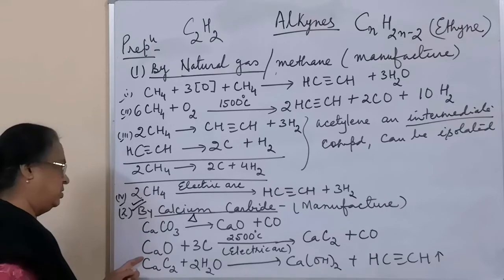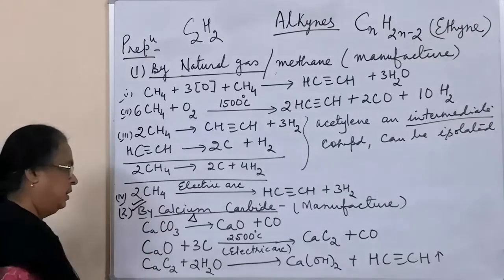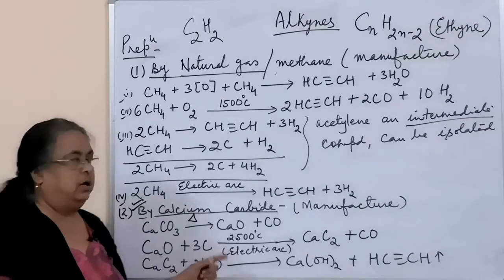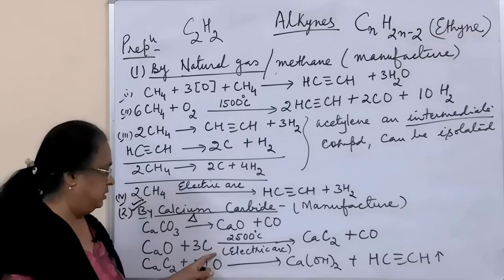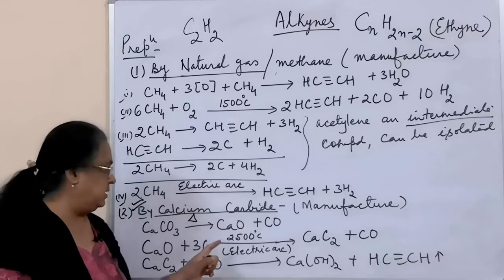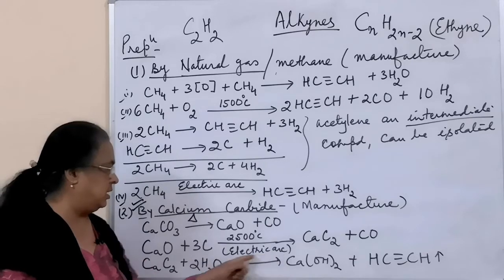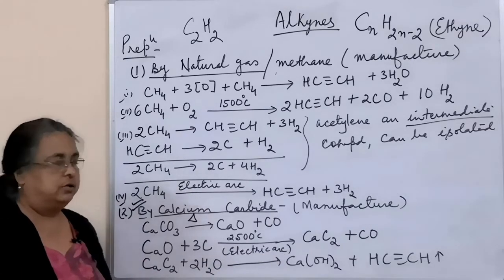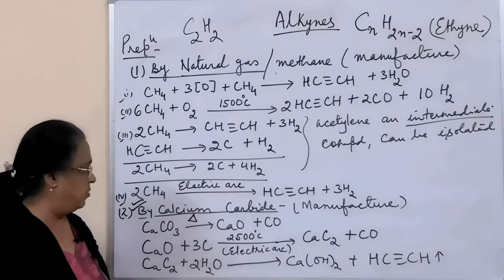And then this calcium oxide which is obtained is passed over a graphite rod. That's why it's written here electric arc. So the temperature is maintained so high.